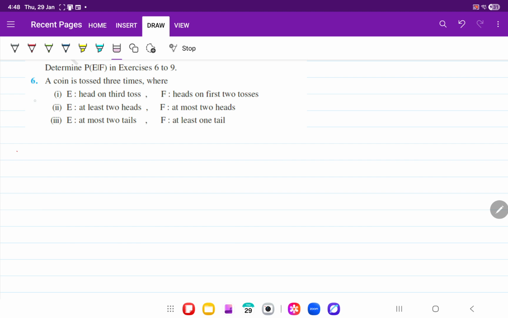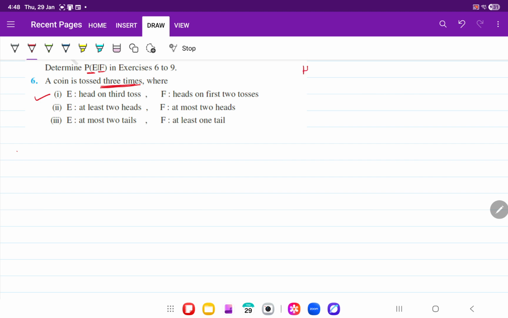So let me solve the first question, conditional probability. If you can see carefully, we will use some logic here. We have to find the probability of E when F has happened. A coin is tossed 3 times. So what are the total cases that will happen?